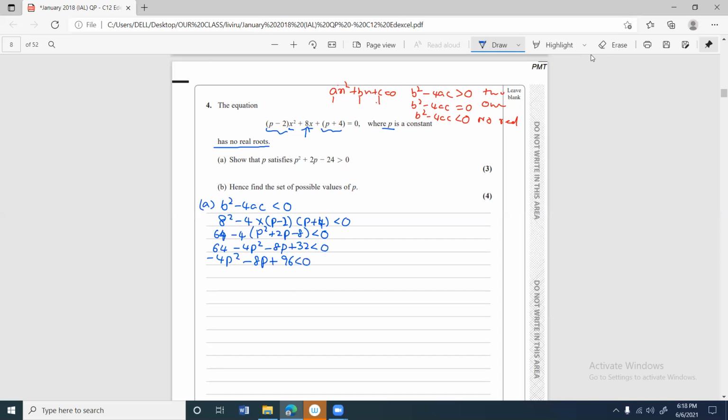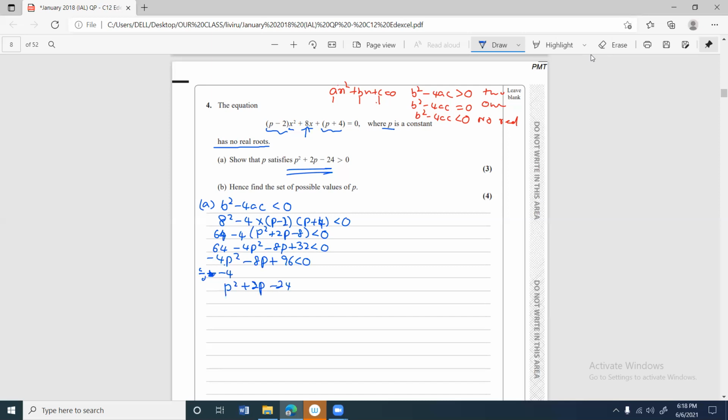Now in this expression, what you can understand is there is no factor 4 over here. It's not 8, it's not 24. So you can see all of them you can divide by minus 4. Because you can say minus 4 is a common factor of this. Then if you divide the first term by minus 4, it turns into p squared. This turns into plus 2p. This turns into minus 24.